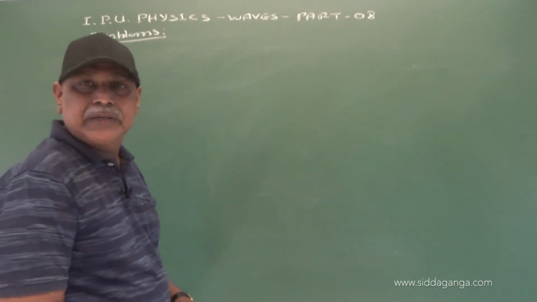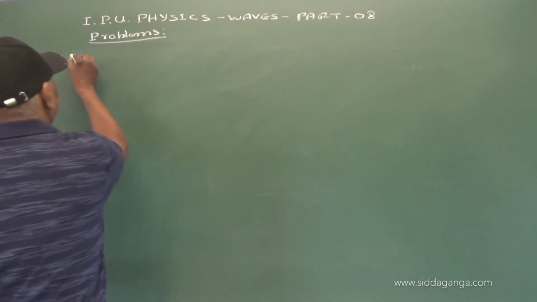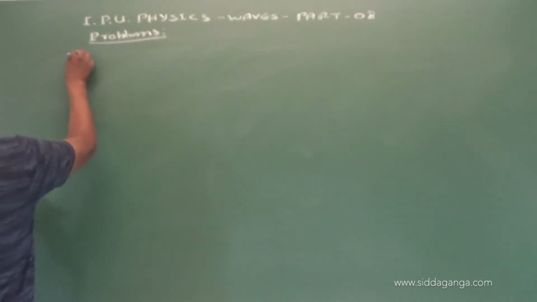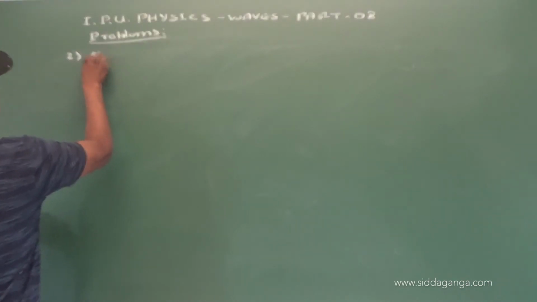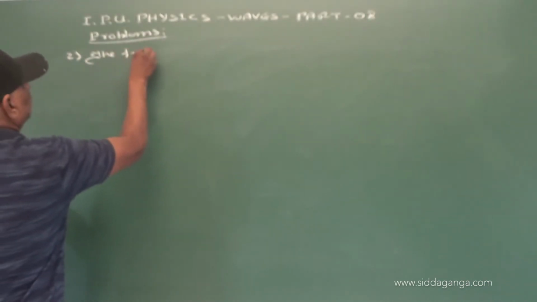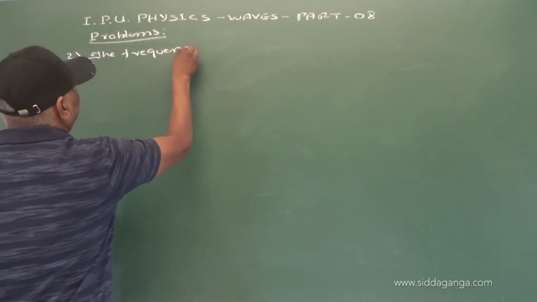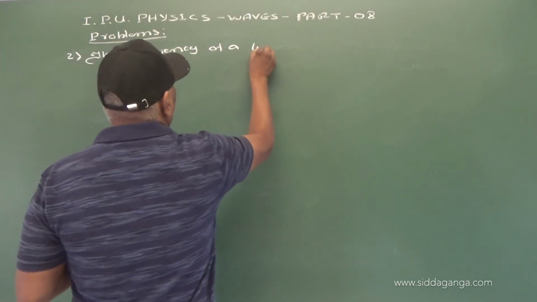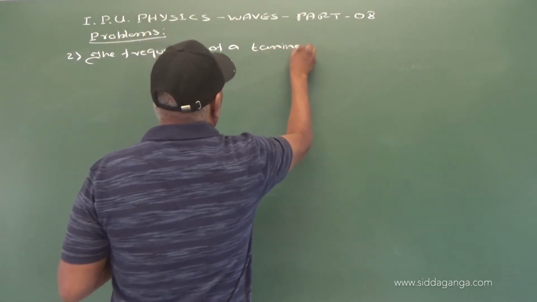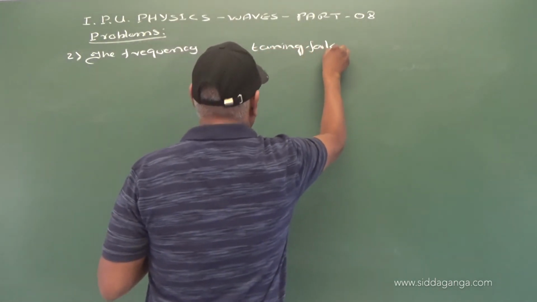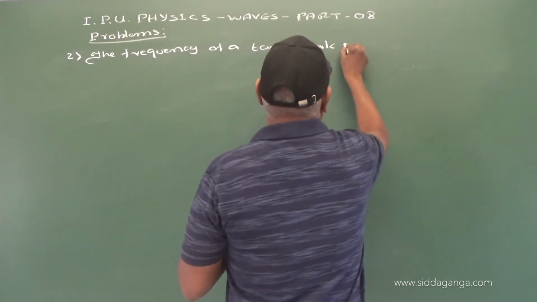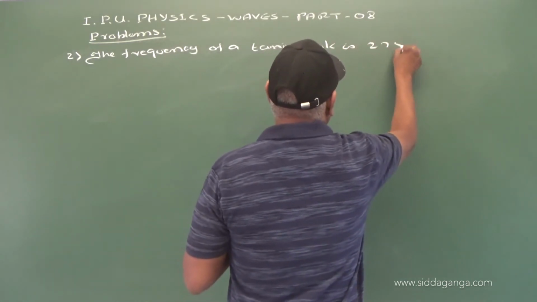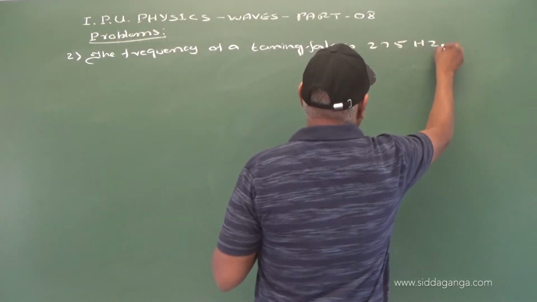Now, the second problem. The frequency of a tuning fork is 275 hertz.